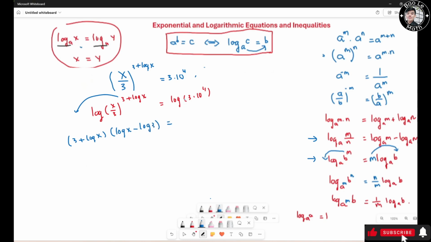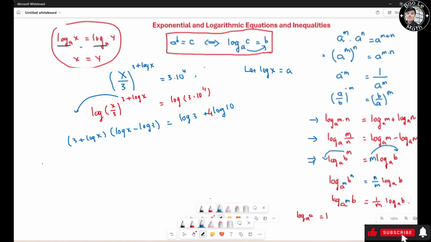Now, the right hand side right here, I can use the product rule. So it's going to be log 3 plus log of 10 to the power of 4. But for the 4, I can use this formula right here to bring the exponent to the front. So I bring 4 to the front. So it's going to be 4 right here, right? I just use the change of variables. So I let log s equals a, right?